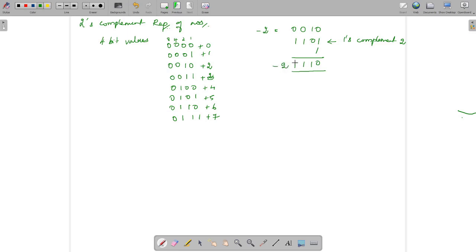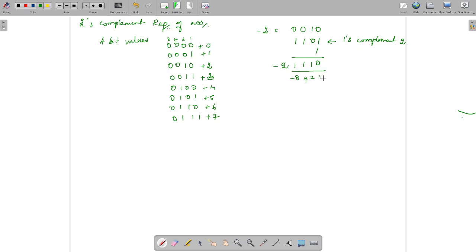Now let's see how this sums up to be minus 2 when we use the place values. As we said, this MSB is going to be used for representing the sign, so I take minus 8 here and all other bit positions are positive. Now sum up the values wherein you have 1 in the place values.